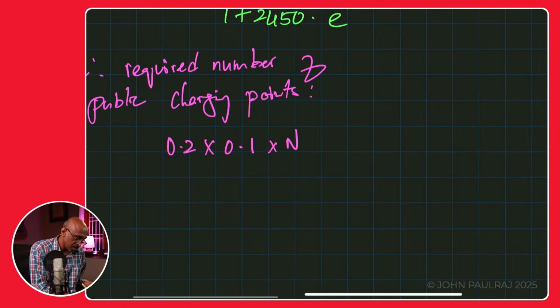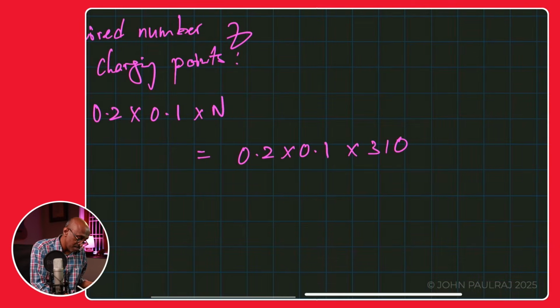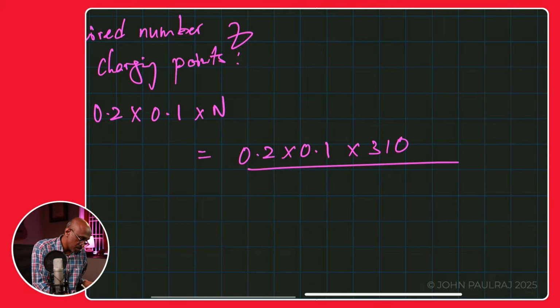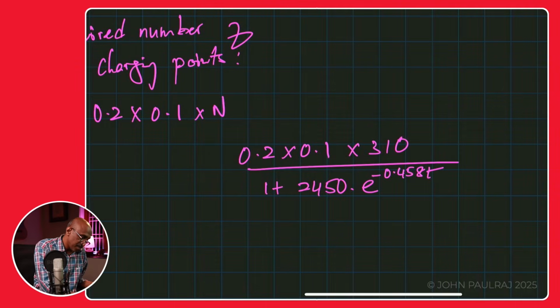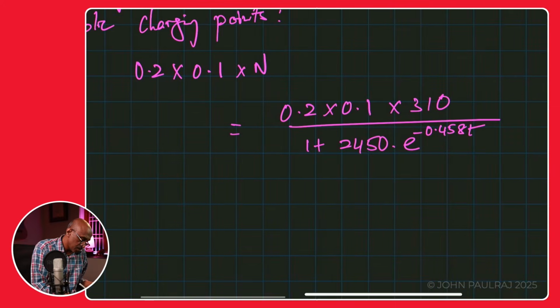So this is going to give us 0.2 times 0.1 times that 310. Remember, that's actually in millions. And in the denominator we've got 1 plus 2450 e to the power of minus 0.458 t. We can simplify that numerator using GDC.